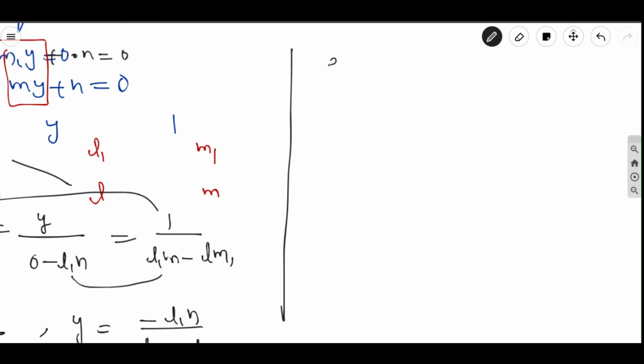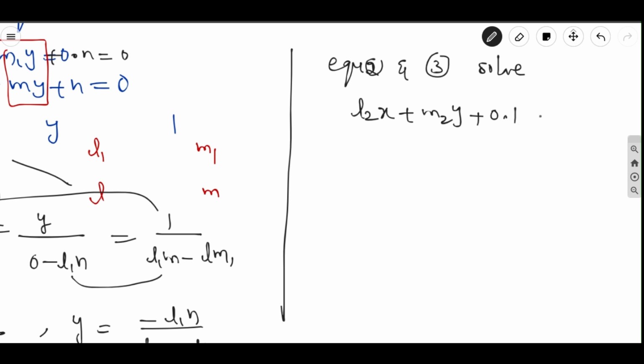Again, equation 1, equation 2 and equation 3. Solve. Equation 2 is L2x plus M2y plus 0 into 1 equal to 0, and equation 1 is Lx plus My plus n equal to 0. X term, then M2, M, constants are 0, n.